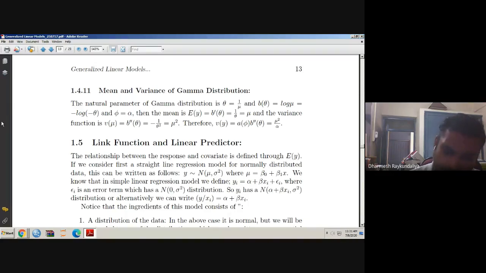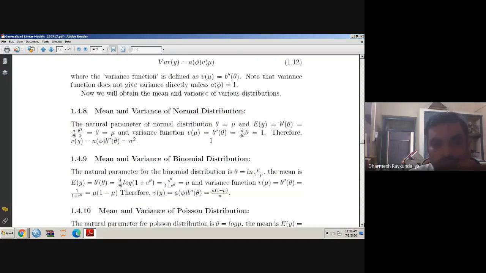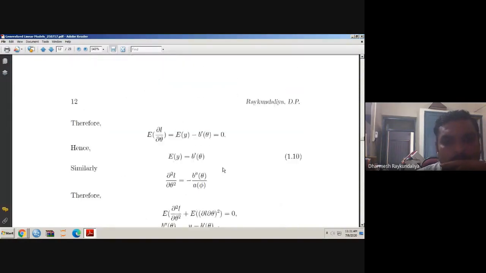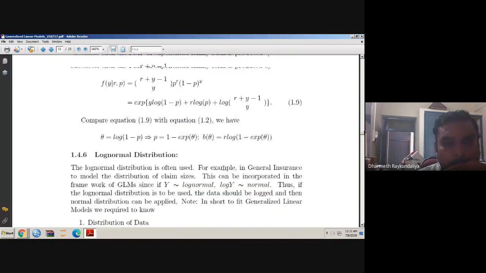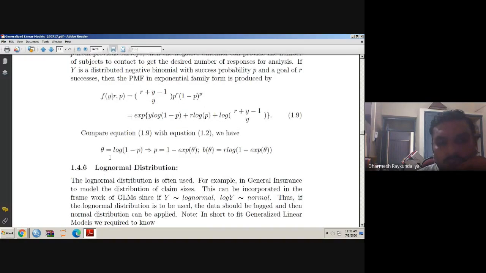In homework, you have to do the negative binomial distribution. What is the mean and variance? What is the form of b theta?